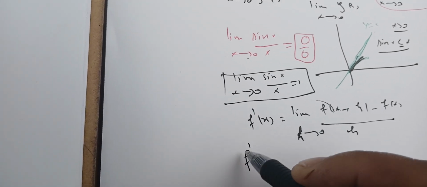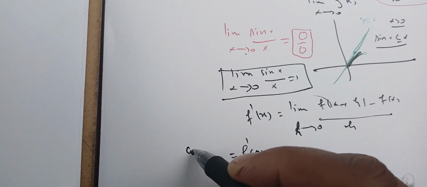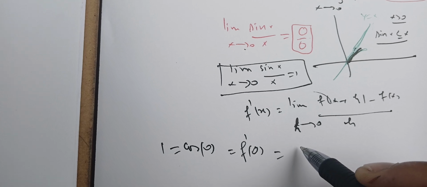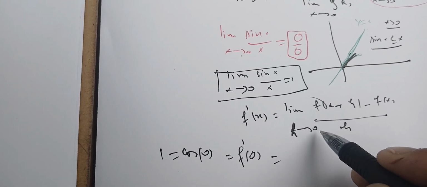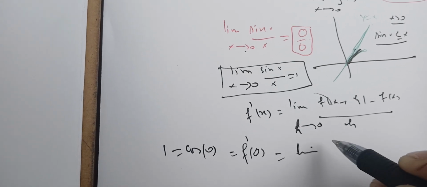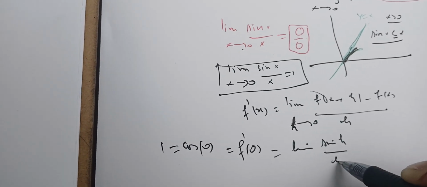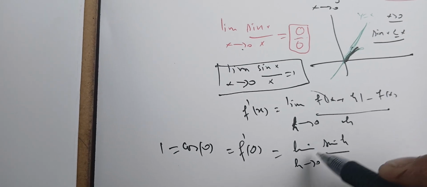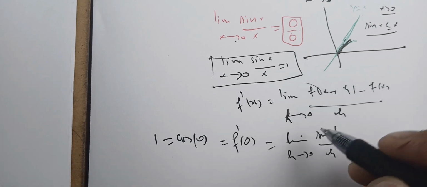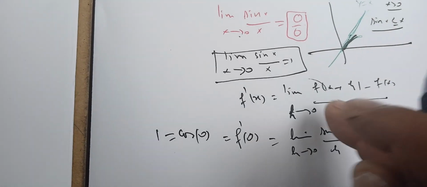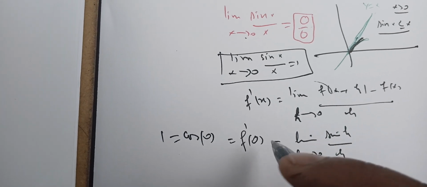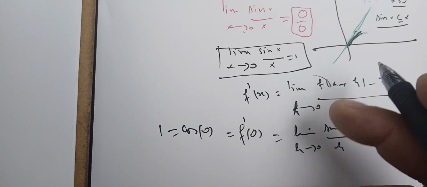The derivative of the sine is the cosine, and it's 1. When we evaluate this at 0, we get the limit of sine of h over h as h goes to 0. Since h is a silent variable, we could use x, but I don't want to use x because I used it differently here. So this limit is 1, and it comes from the notion of the derivative.